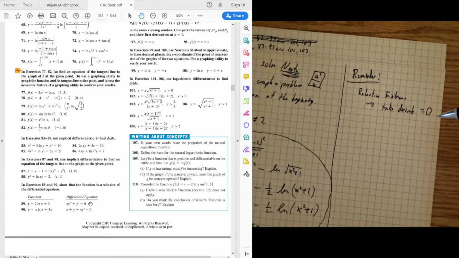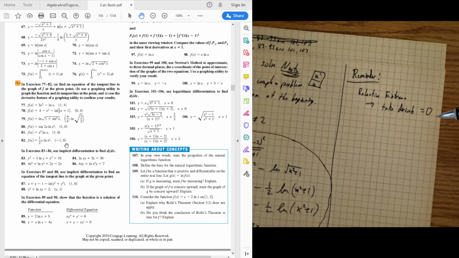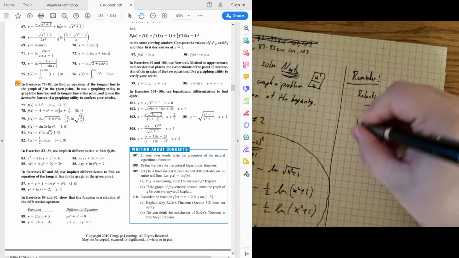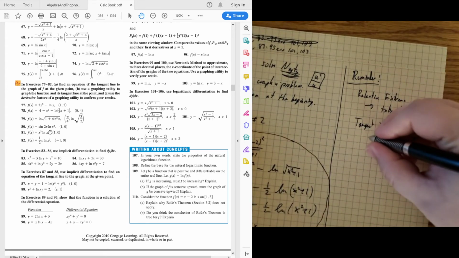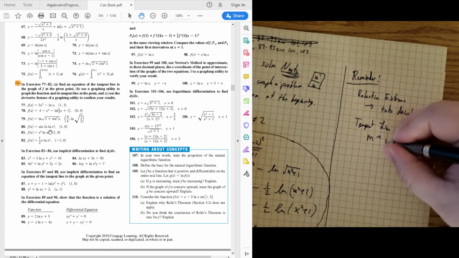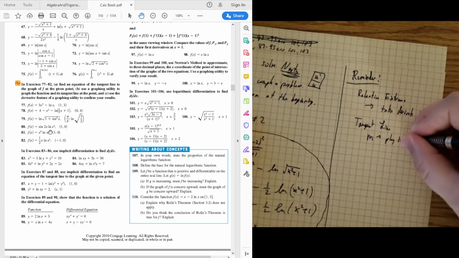There's also one in here that asks you to find the equation of a tangent line. Here it is. These ones, equations of a tangent line. To find a tangent line, remember, you find slope by plugging into the derivative.